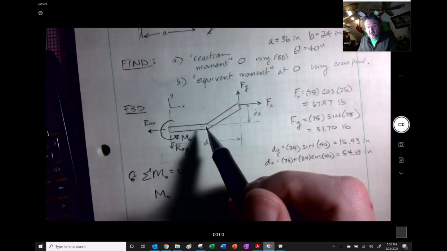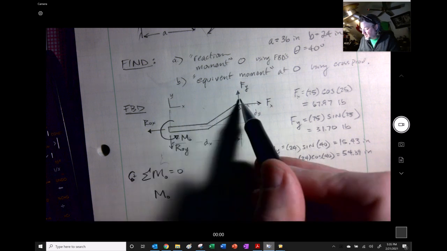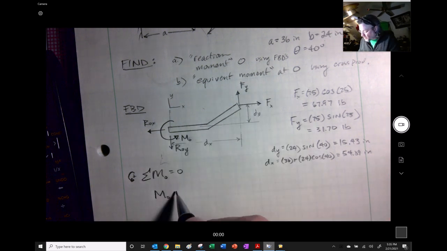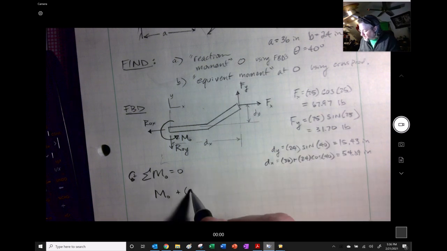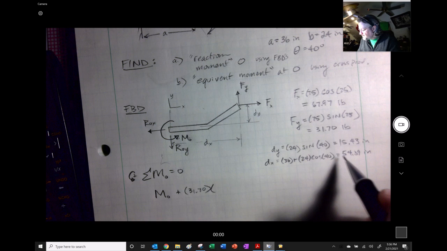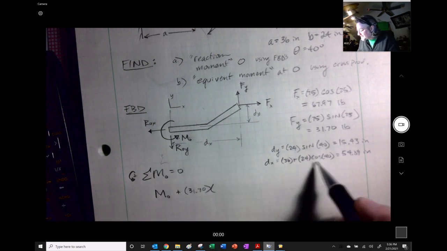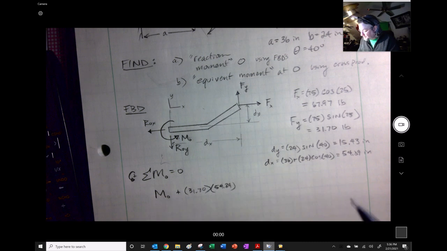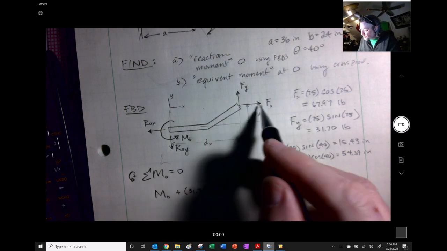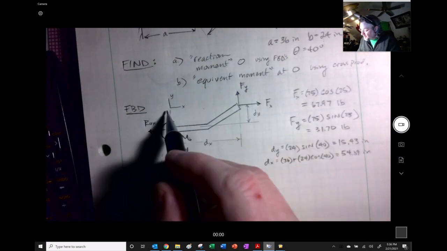But anyway, let me take this one first, right? This one's going to be counterclockwise at Fy. So at Fy, we found it to be 31.70, and it's going to be multiplied by that dx, or 54.39. Okay, and then this other one is going clockwise, right?